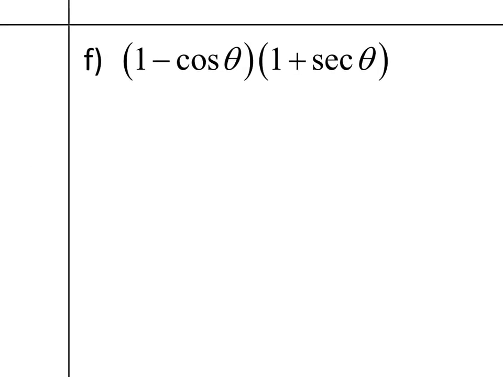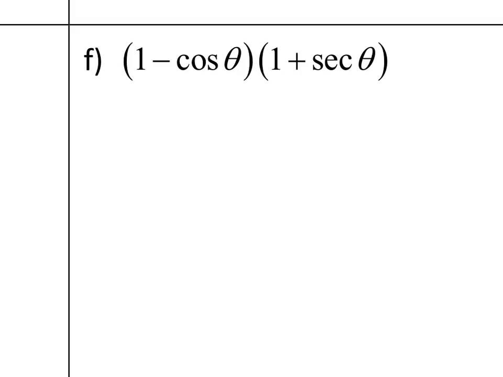Last but not least, letter F. This is another problem that I think you might need a separate piece of paper to write out because it might take you more space than what's in the box. And again, this is a problem that there are several ways that you could work through.